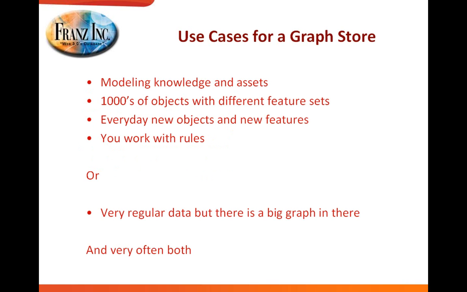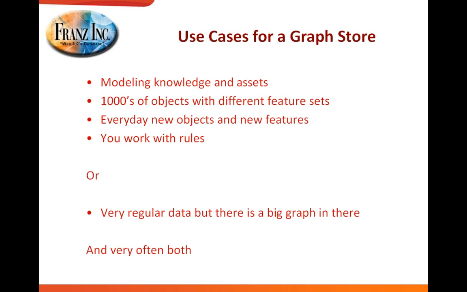So now when do you want to use a Triple Store? But before I go into use cases, in general I would say when you want to model knowledge and assets, when you have thousands of objects with different feature sets, and every day you add new objects with new features.